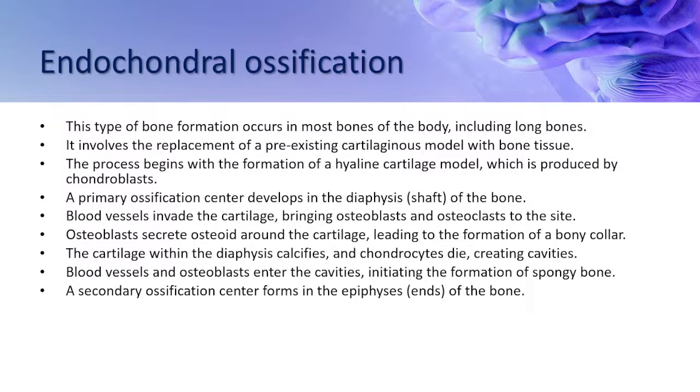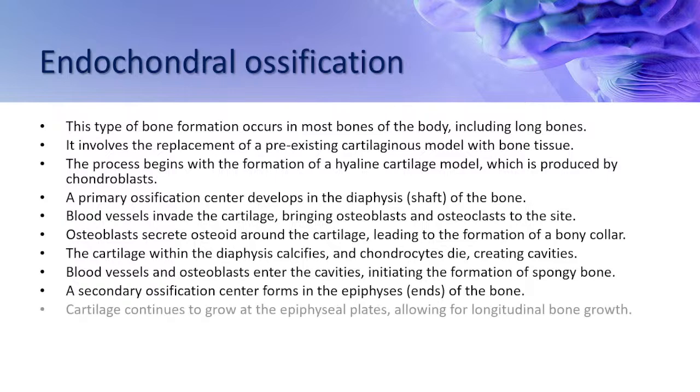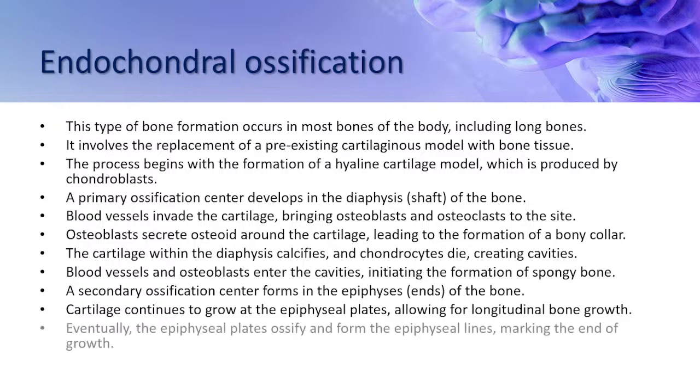Having said that, a secondary ossification center forms in the epiphyses, also known as the ends of the bone. There, cartilage continues to grow at an epiphyseal plate, allowing for longitudinal bone growth. Lastly, eventually the epiphyseal plates ossify and form an epiphyseal line, marking the end of bone growth.